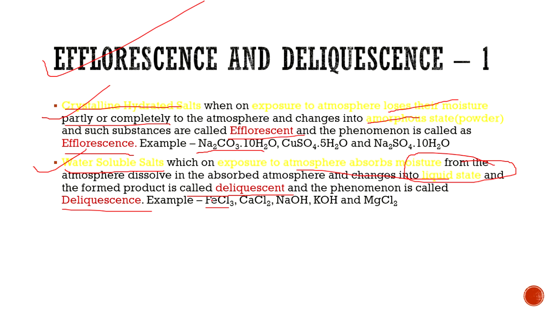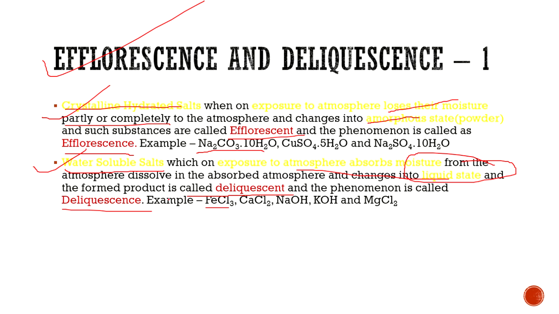So, what is efflorescence? When you expose a crystalline hydrated salt to the atmosphere, it loses its moisture, sometimes partly or sometimes completely, and changes into an amorphous powder. This substance is known as efflorescent, and the process is known as efflorescence. For example, washing soda. What is deliquescence?